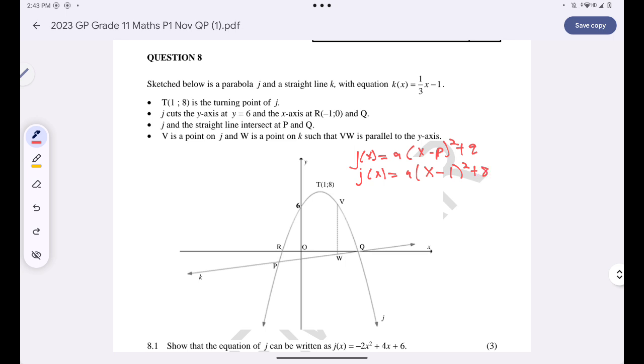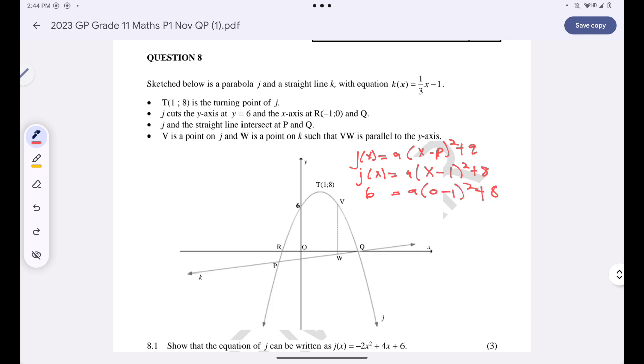And then now all I need to do is to substitute the value of any point on the curve of J for me to find the value of A. I can take the y-intercept or the value of R since I'm given the coordinates over there. At the y-intercept, I know that y is 6 and x is 0.